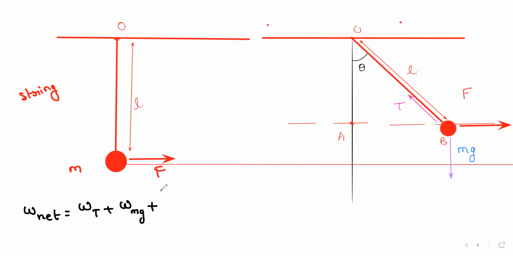So work done by tension plus work done by horizontal force F, right? This height is L. What is the height raised by the mass? h, sir. Very good. Right?